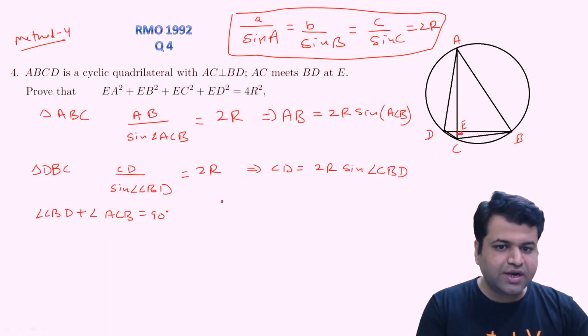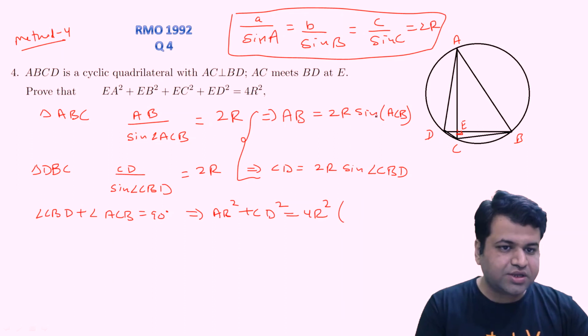So if we square and add these two things, what will we get? AB square plus CD square will be 4r square times sine square theta plus cos square theta. Why? Because the angles are complementary, so we will simply get 1.